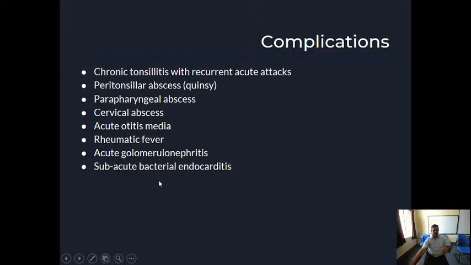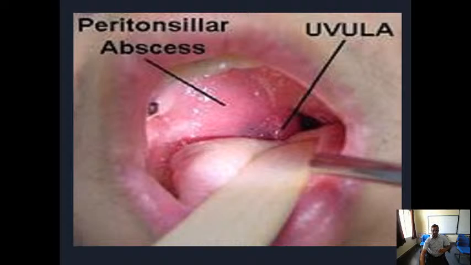Then the cervical abscess. Then you have acute otitis media, rheumatic fever. These are systemic general complications: acute glomerulonephritis, subacute bacterial endocarditis. These are the complications of acute tonsillitis.